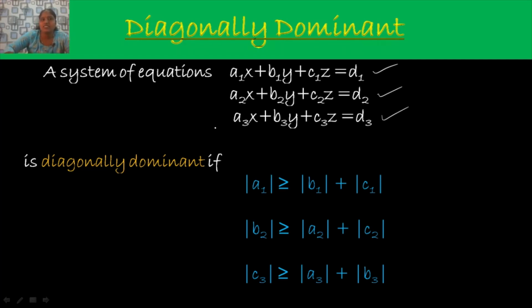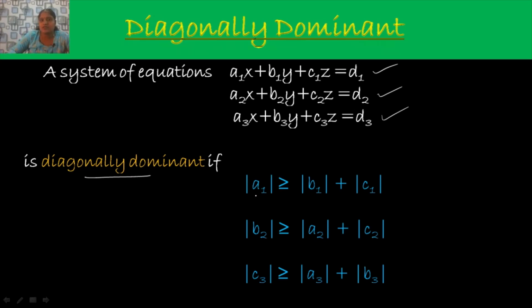If the system satisfies these conditions, then we say the given system of equations is diagonally dominant, and we can use the Gauss-Jacobi procedure to find the solution after checking this property.